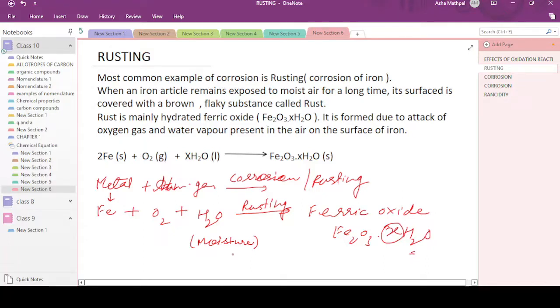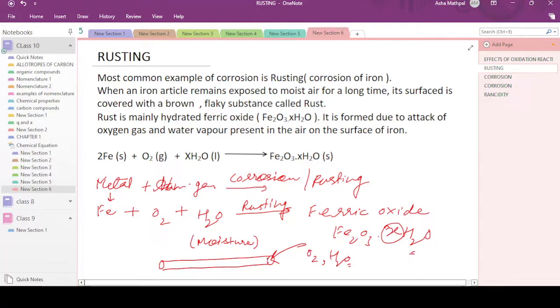Remember, suppose this is a long rod of iron. If it is left as such in an open place, like a garden, a backyard, or as such in the house, then what will happen? With time, the iron surface will be attacked by the oxygen present in the atmosphere and also by the water vapor which is always there in the air.